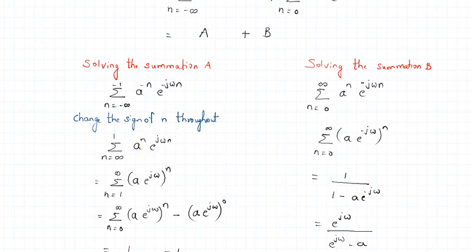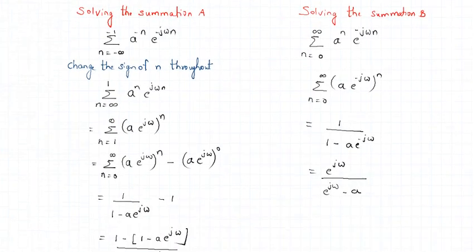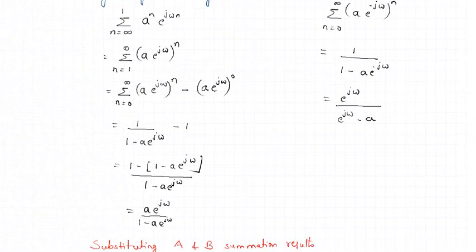Similarly, there is an n term in the exponential term, and that's why we're changing the sign of it, making e raised to j omega n. We'll collect both the terms and make it a power of n, and we'll rearrange the limits from infinity to 1, changing it from 1 to infinity. The rearrangement of the limits does not change the meaning of the summation.